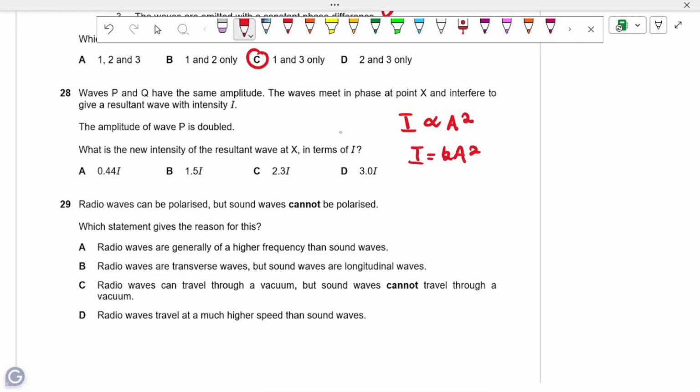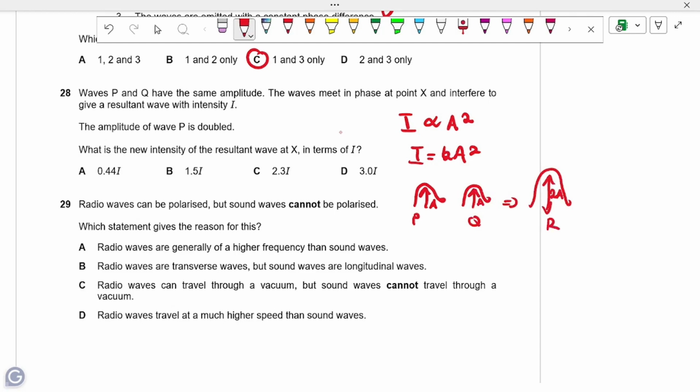So for the first thing, two waves meet in phase at point X. So if you have one wave with an amplitude A, let's call that P, and another wave with an amplitude A, let's call that Q. If they meet, they form a resultant wave with an amplitude 2A.